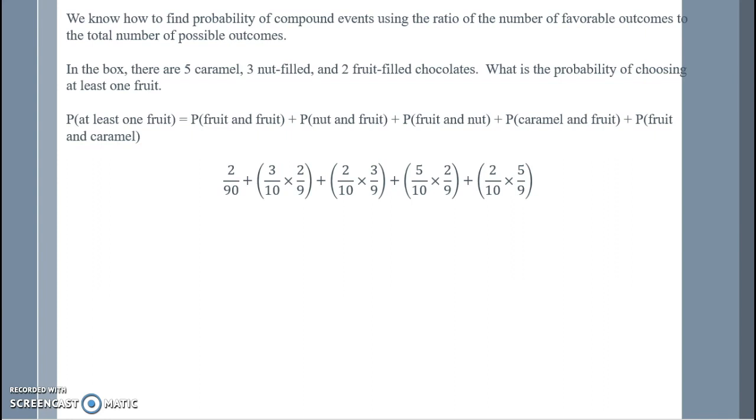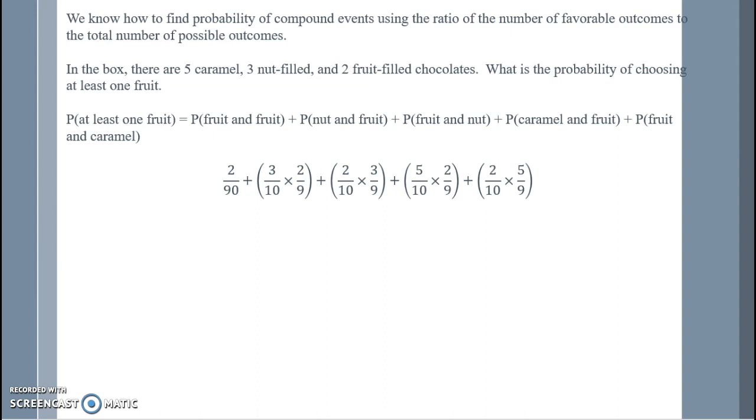Nut and fruit would be 3/10, and then fruit would be 2/9. Fruit and nut would be 2/10, and nut would be 3/9. Notice that for the second option we already have 1 less because we already took a fruit, but it depends what the first choice was.